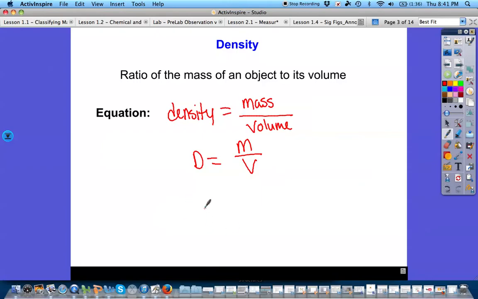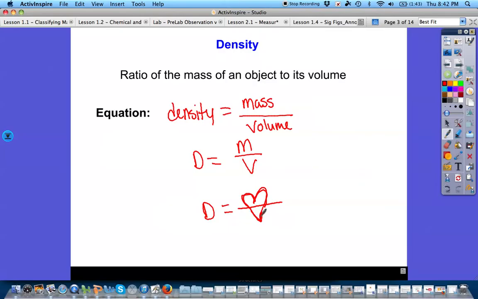If you think about density as the love equation and draw a line through it, the M is on the top part of the heart.